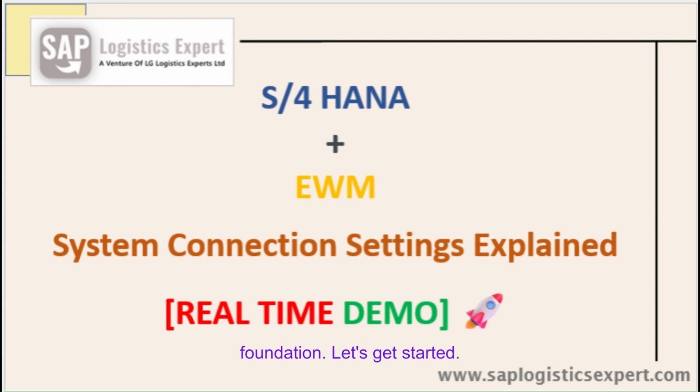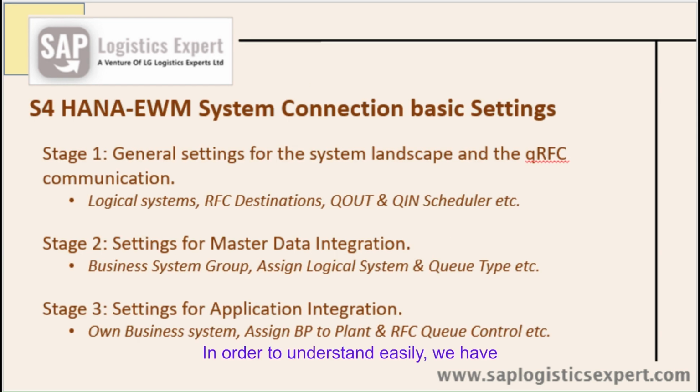Let's get started. In order to understand easily, we have divided S/4HANA EWM system connection basic settings in 3 stages. Stage 1 is general settings for the system landscape and the QRFC communication, where logical systems, RFC destinations, QOUT and QIN Scheduler etc. are configured.